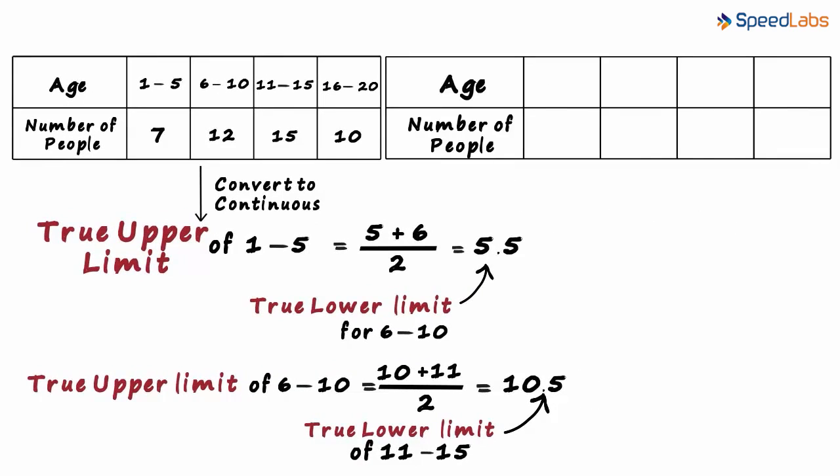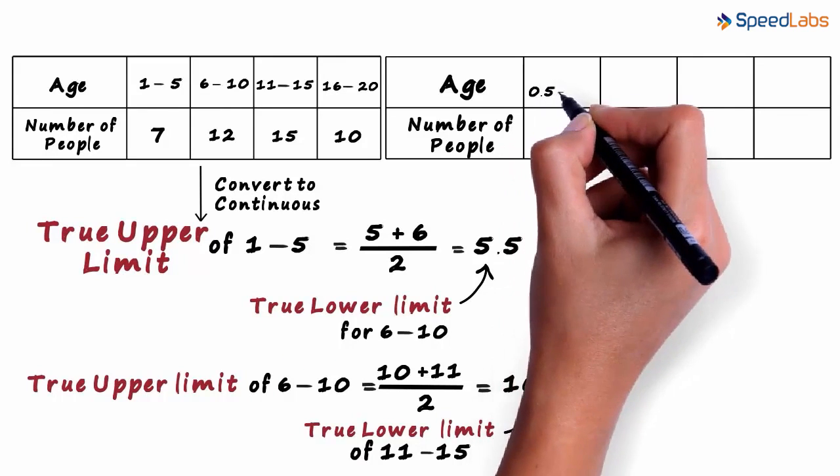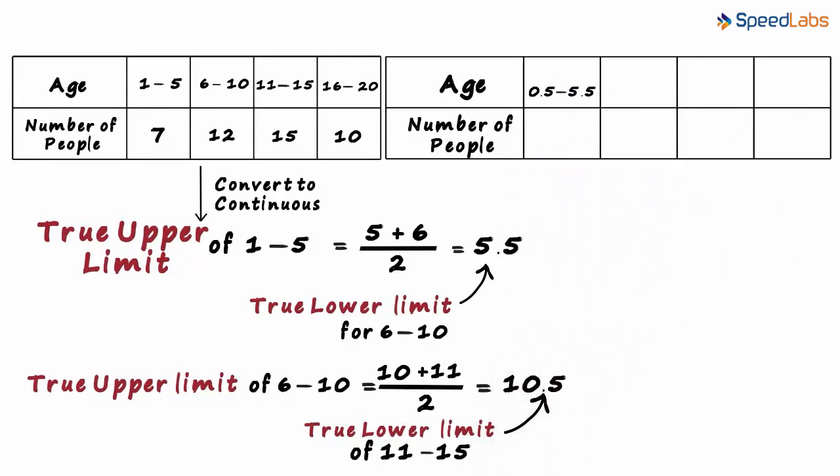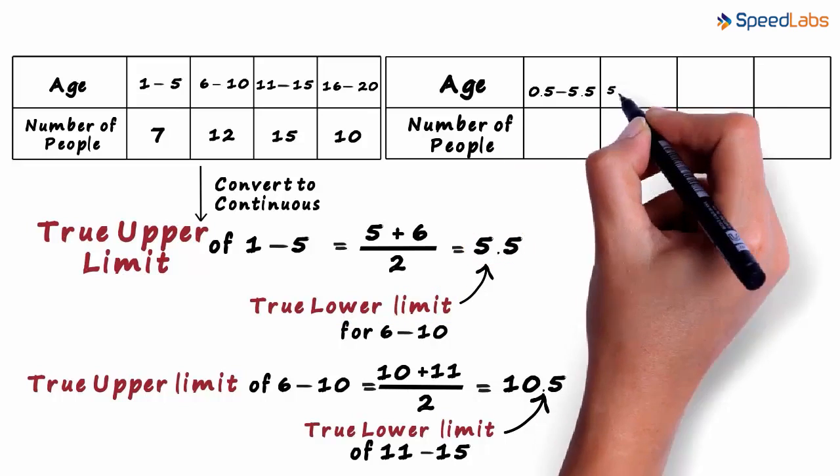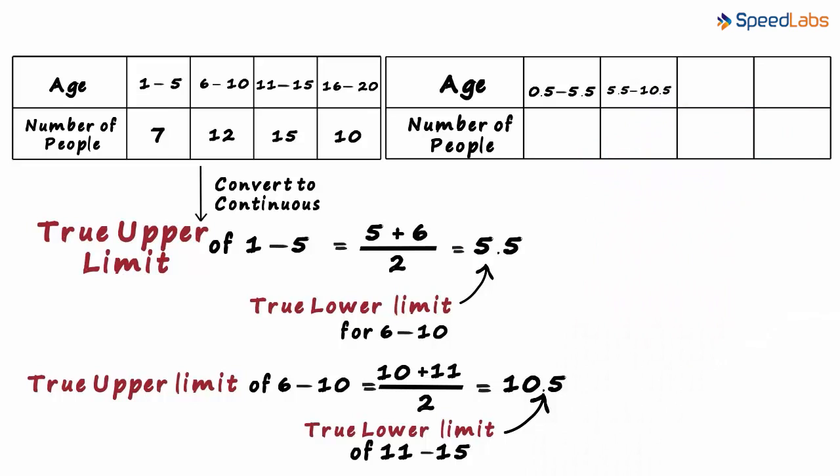We can make a new table with the true upper and lower limits. The first interval will be 0.5 to 5.5. 5.5 is the true upper limit of the first class, which as we saw is also the true lower limit of the next class. The second interval will hence be 5.5 to 10.5.